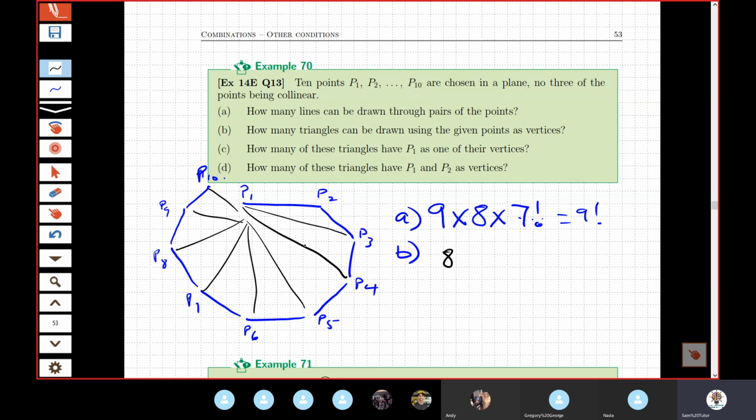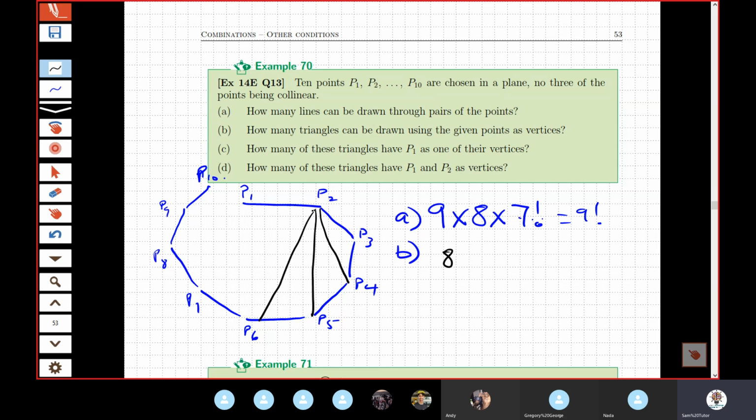You agree with that? And then what if I started with P2? How many triangles will I get there? Let's just make sure so you guys can see it. P2. There's 1, 2, 3, 4, 5, 6. That's a triangle. Yeah, P2, P9, P10.